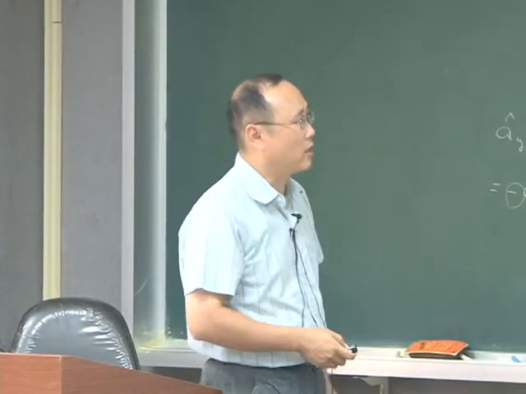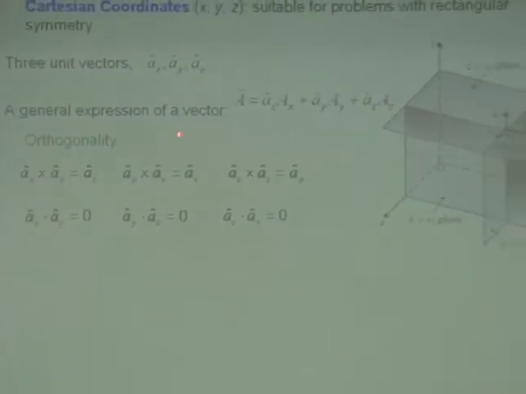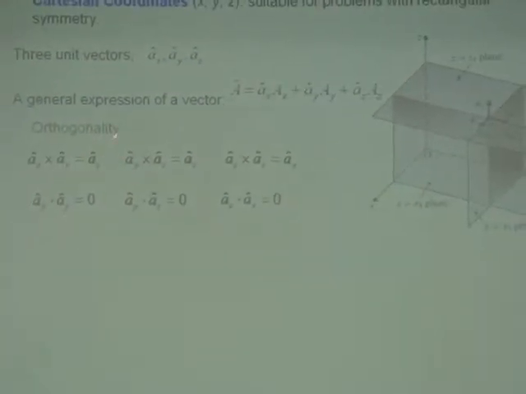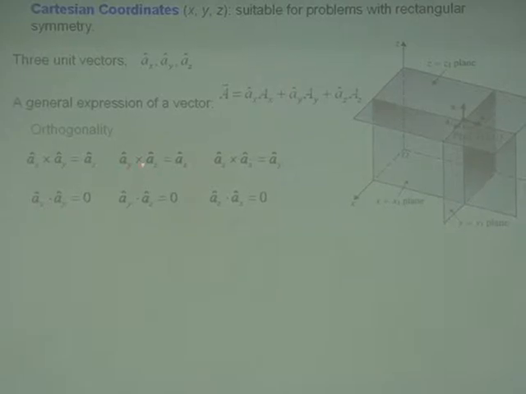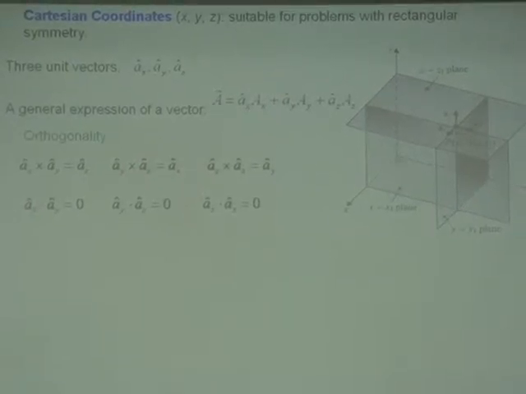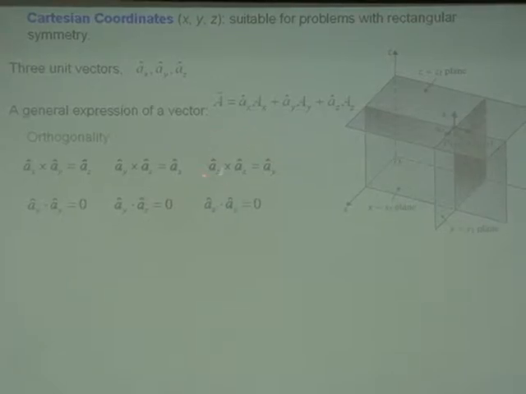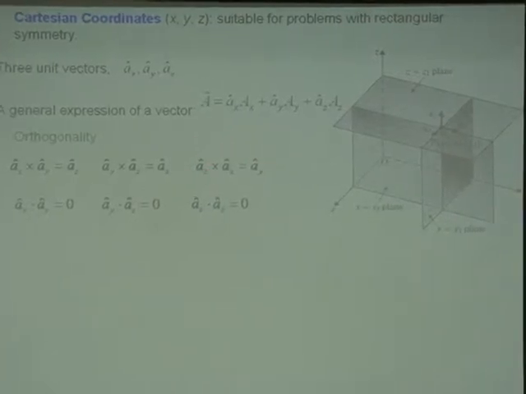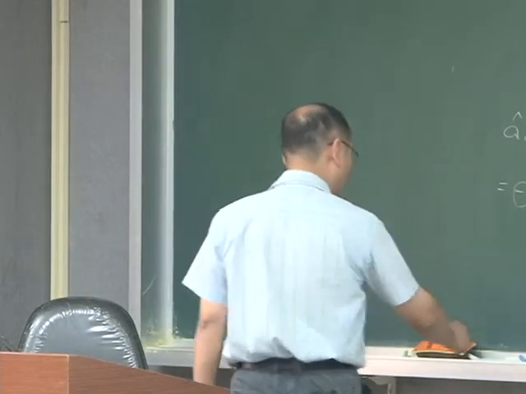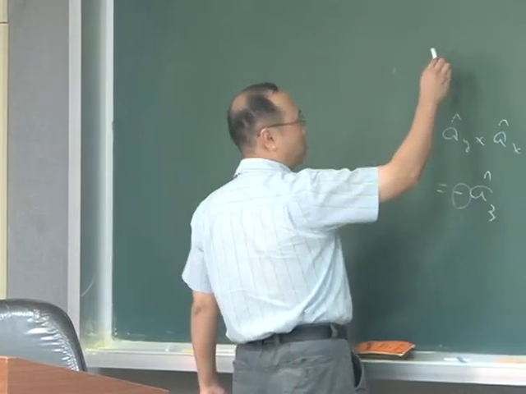The same thing, the unit vector along the x direction can be generated from the cross product of AY and AZ. And again, AY can be generated from the cross product of AZ and AX. This is simple enough, right?